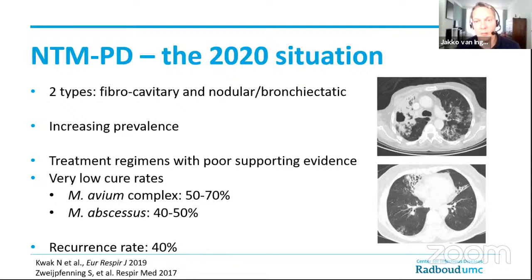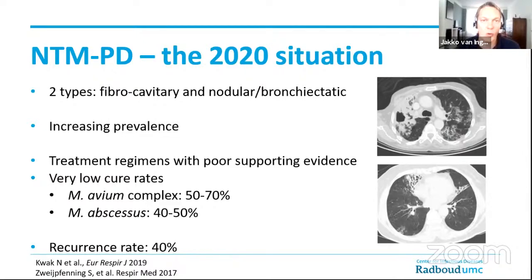And why is that? Well, because it's a very severe disease, but also because there are treatment regimens, but they have a very, very poor evidence base. They are hardly ever based on clinical trials. They're mostly based on cohorts and clinical experience, and the outcomes are pretty dismal.